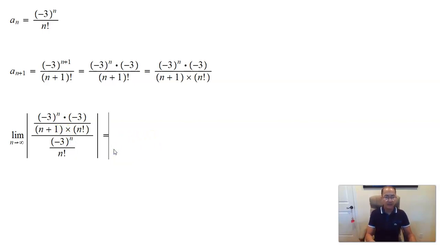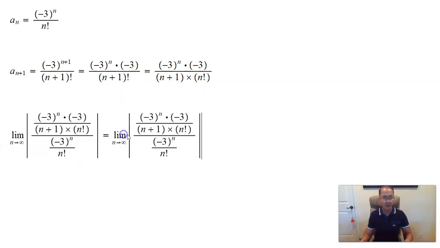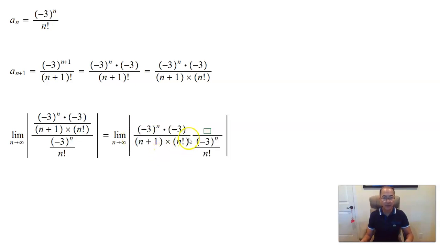Okay, now many times fractions appear when we are using the ratio test. So with practice, you could probably skip to what we're about to do, the second step, where we multiply the numerator with the reciprocal of the denominator.